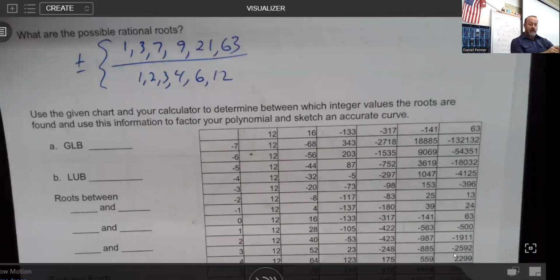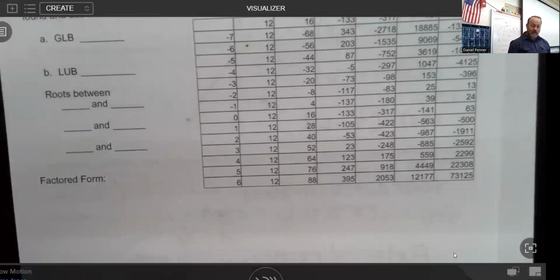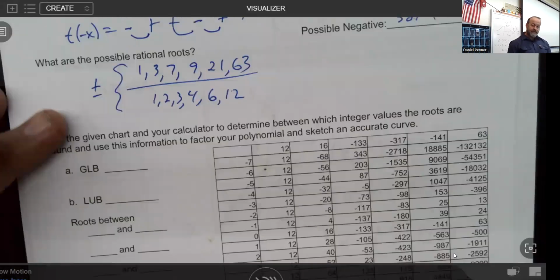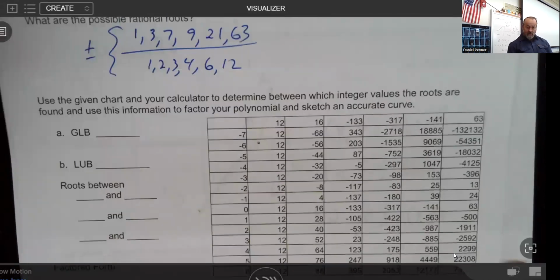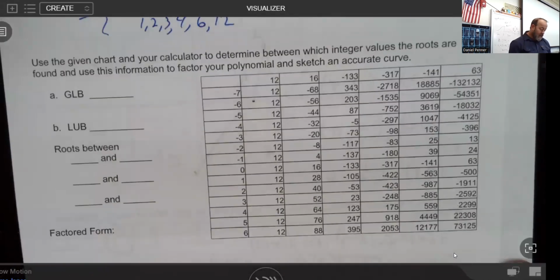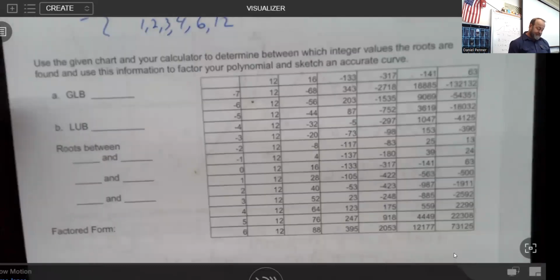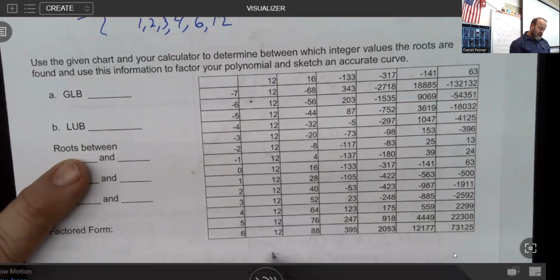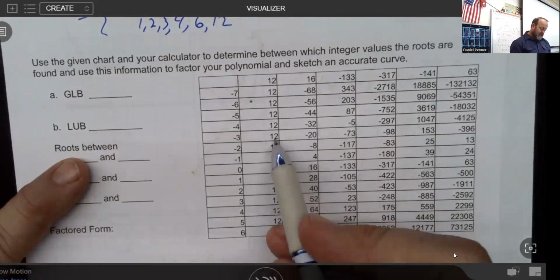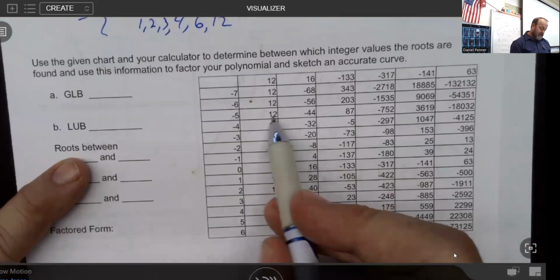Let me move the camera a little bit so that I can see these bottom pieces. Hopefully that's going to work. Trying to get this to fit in the screen better. Okay, so my lower bound is that I want to look for a set of numbers that alternate signs. So plus, minus, minus, nope, plus, minus, plus, minus, plus, minus.